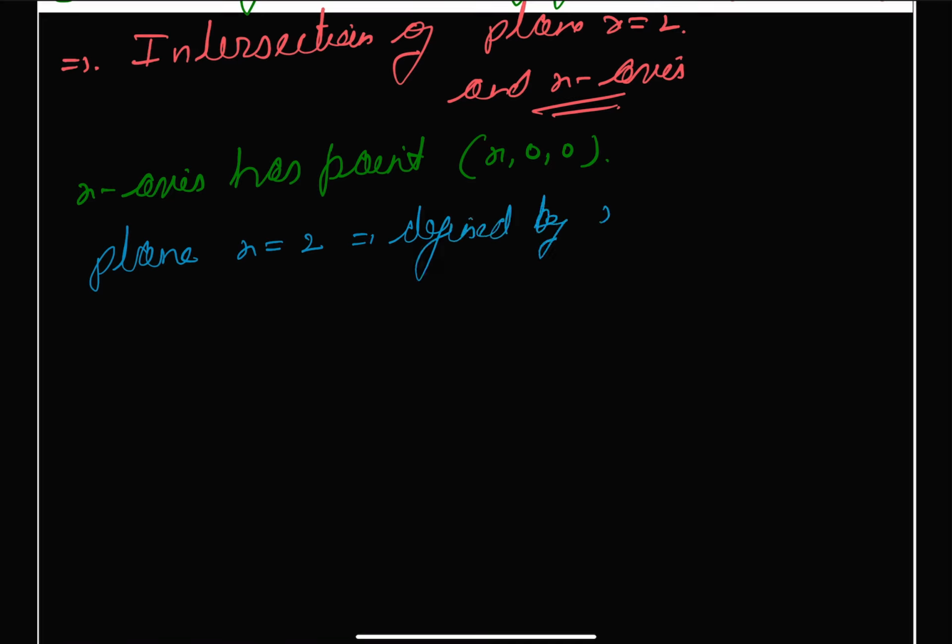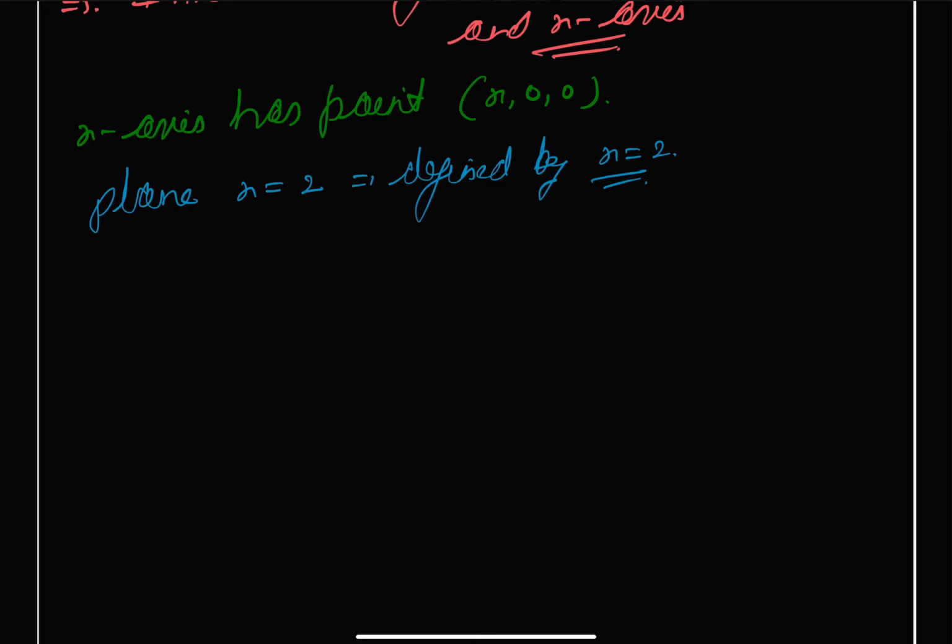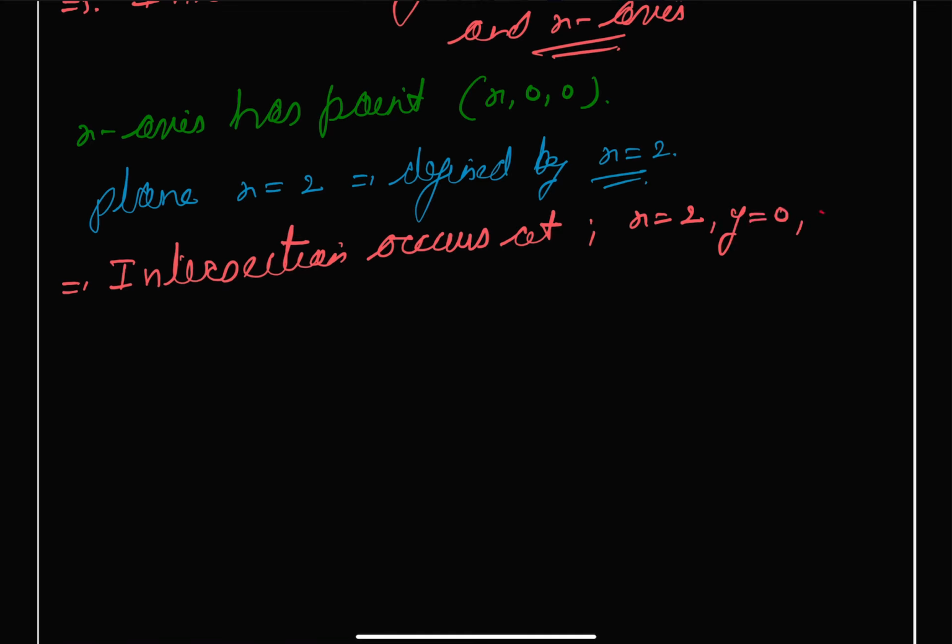So therefore the intersection occurs at x equal to 2 and y is equal to 0 and z is equal to 0.